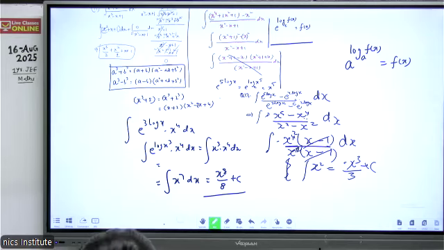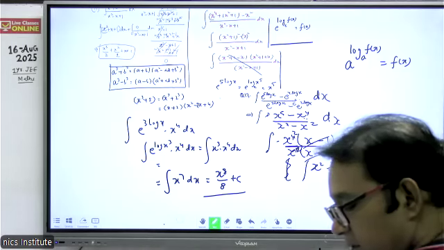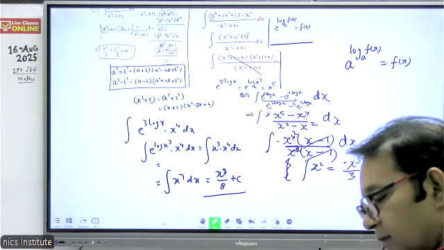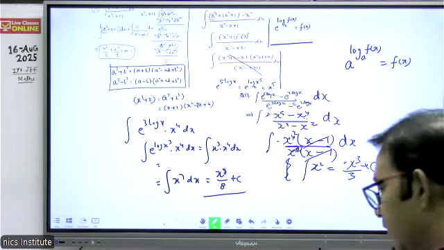A cube plus B cube. Identity. होगी नहीं. कटे होगा ही नहीं कभी. कैसे कर दोगे मिडल स्प्लिट? Use A cube plus B cube. Sin square x is 1 minus cos square x. Yeah, you can use 1 plus cos 2x, half angle formula, 2 cos square x.